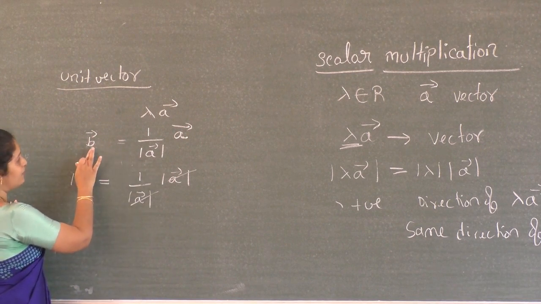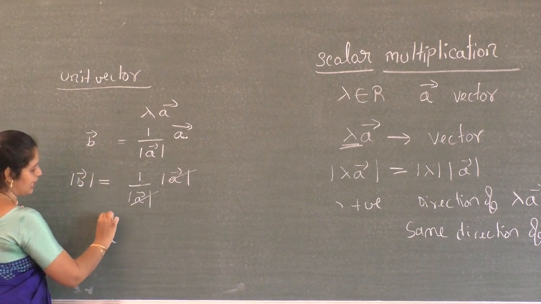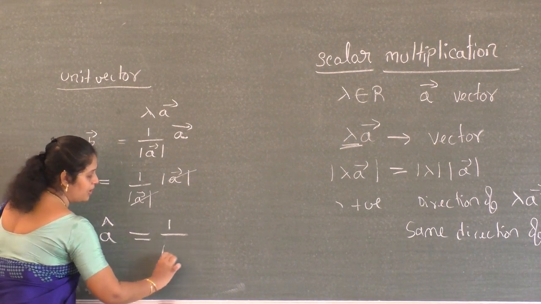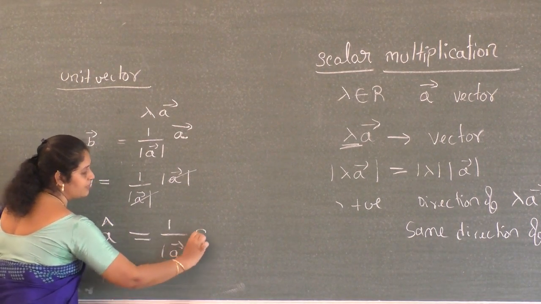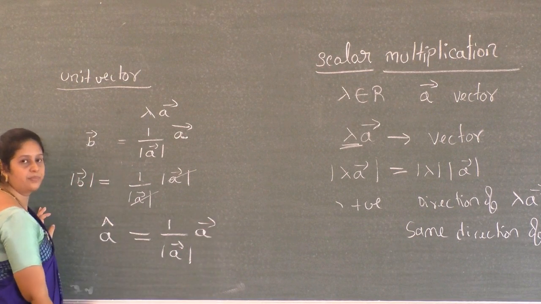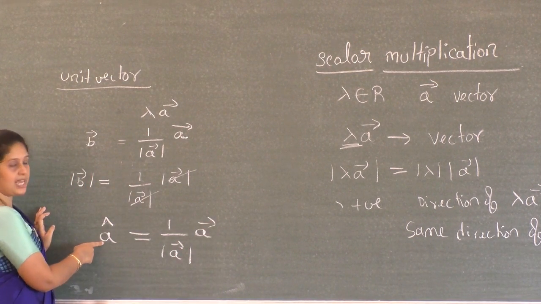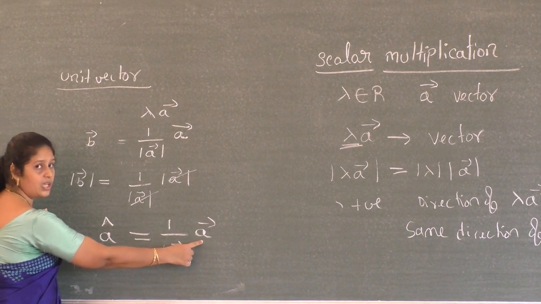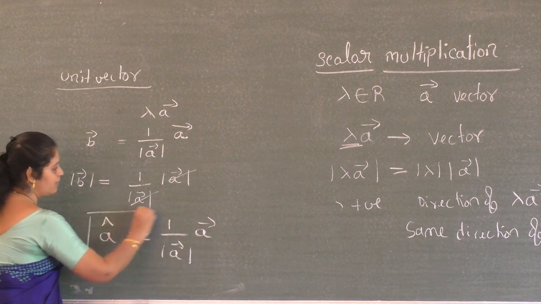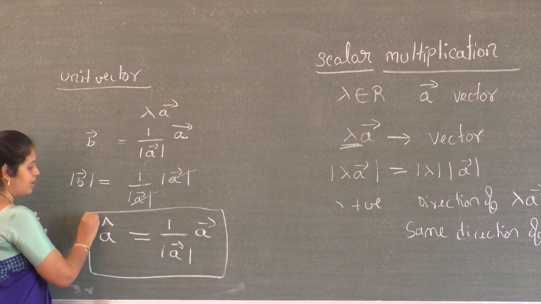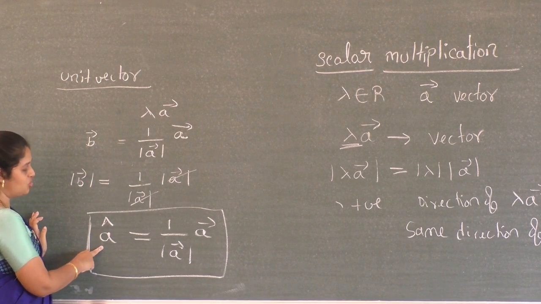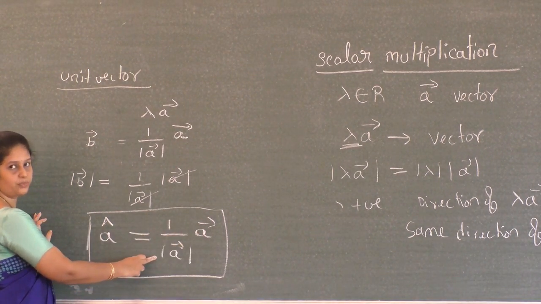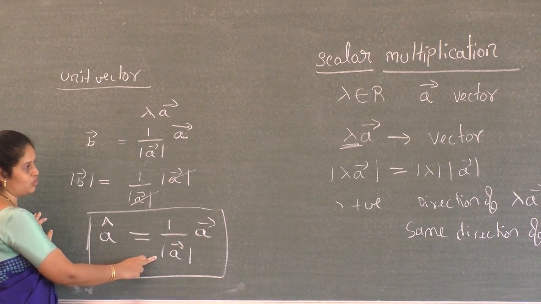So instead of vector B, I will write it as A cap. A cap is equal to 1 by magnitude of vector A into vector A. Therefore A cap is a unit vector along the direction of vector A. Thus we get one formula: A cap, the unit vector, is equal to the vector divided by its magnitude.